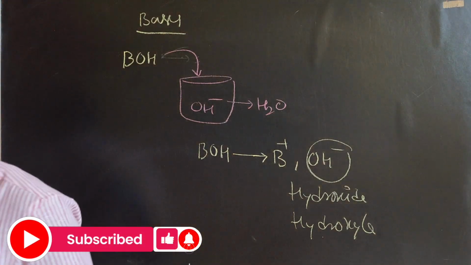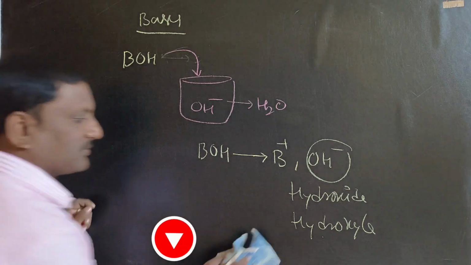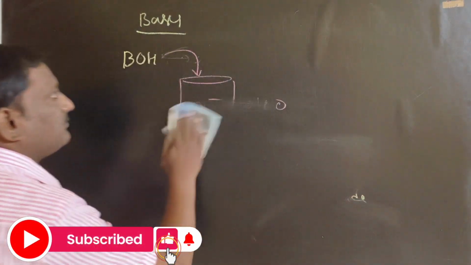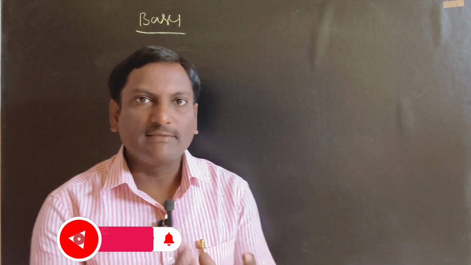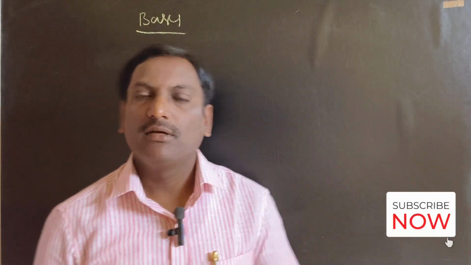Now let us have a look at some examples. Let us conclude what is meant by base. Bases are generally bitter in taste, soapy to touch, slippery in nature, pH more than 7, and turn red litmus to blue.